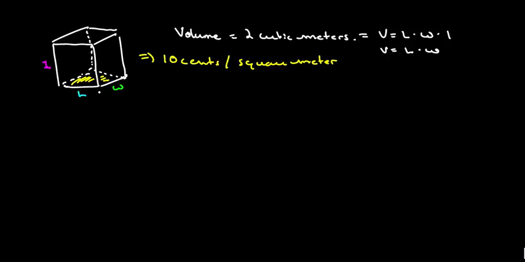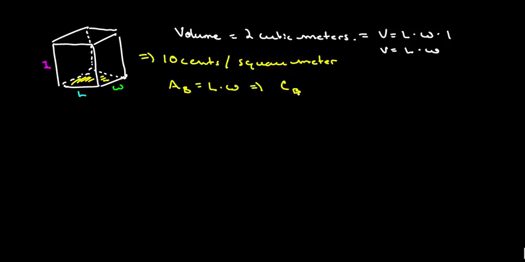So what we're going to do is come up with an equation for the total cost. We know that this yellow piece down here has an area. The area of the base is equal to the length times the width. Now this is just the area, which means we have a cost function of the bottom.